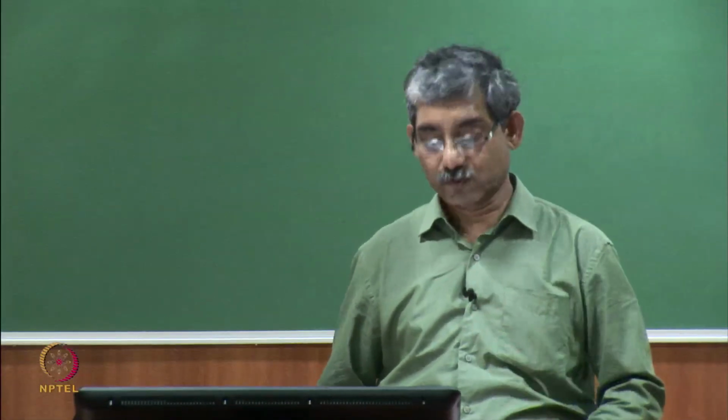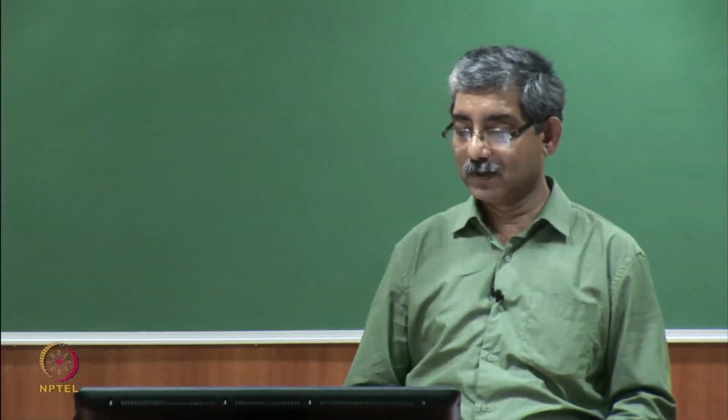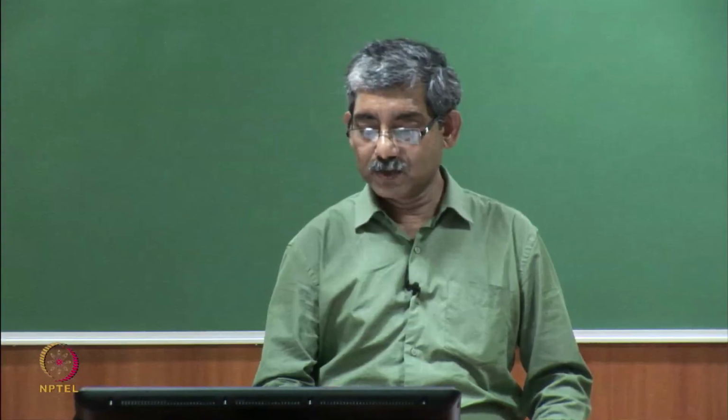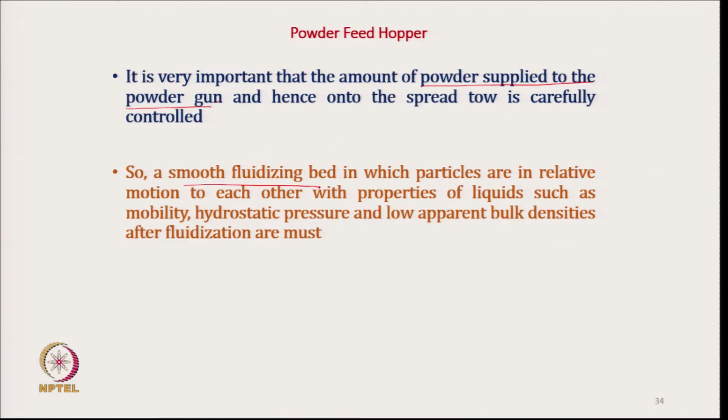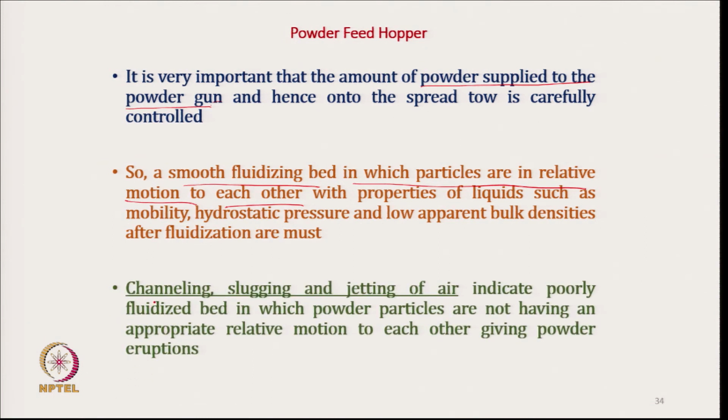A smooth fluidization bed is required, in which particles are in relative motion to each other, so that agglomeration is avoided. Channeling, slugging and jetting of air indicate a poorly formed fluidized bed, in which the powder particles do not have appropriate relative motion.